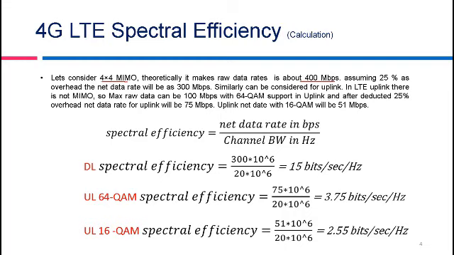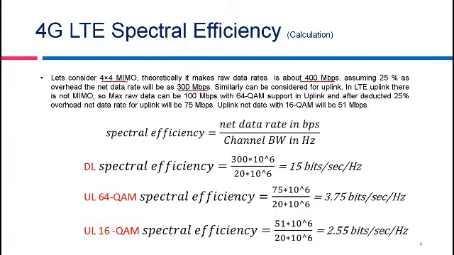Assuming 20% as overhead in LTE, which is because of system broadcast information and sync signals like PSS and SSS, the net data rate will be about 300 Mbps.